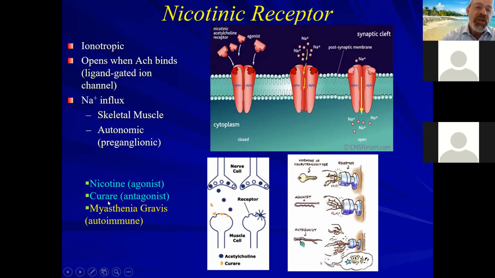In contrast, curare, if any of you guys have ever taken a class from Mike Bono, he always has one of his legendary visual aids or visual activities where he talks about curare and poison darts and things like that.